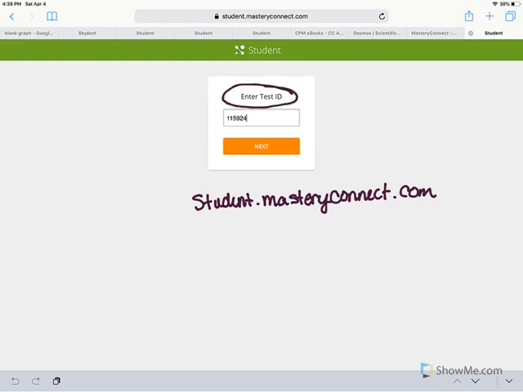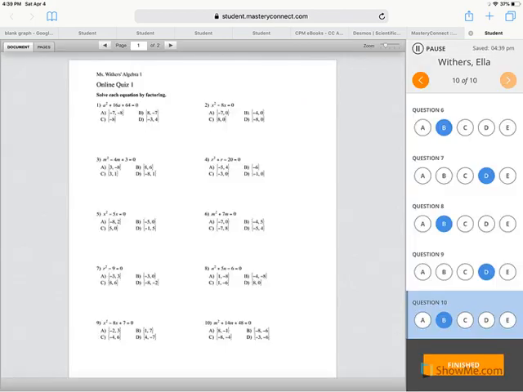Each quiz is going to have a different test ID, so you have to look at that email to see which one you're going to put in. You type that in and press next. It should take you to another page that looks almost exactly the same, but it says student ID, and that's the ID that I gave you that you're going to type in.